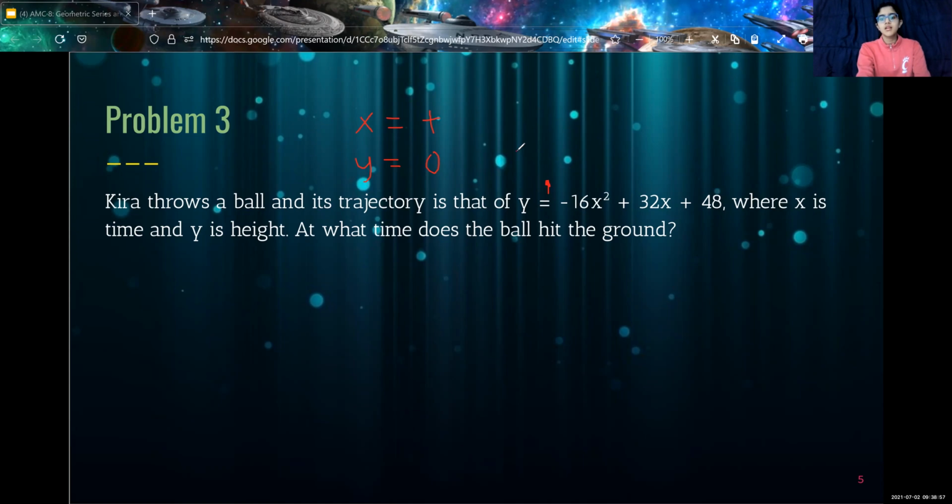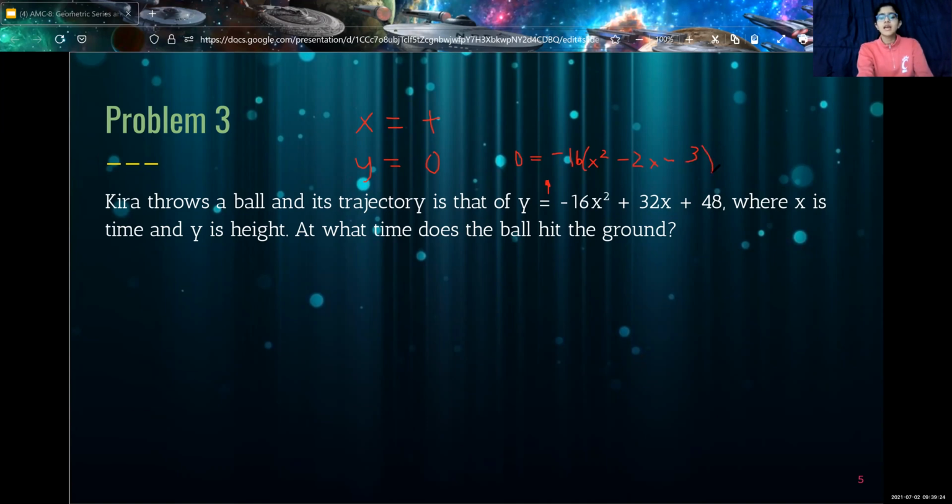So we would get 0 is equal to -16x squared plus 32x plus 48. However, we can see that -16 factors into all of these coefficients. So we get -16 multiplied by x squared minus 2x, and then we divide 48 by -16 and we get -3.